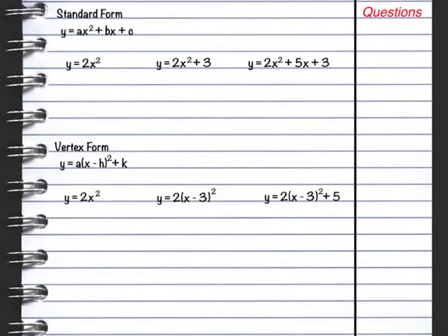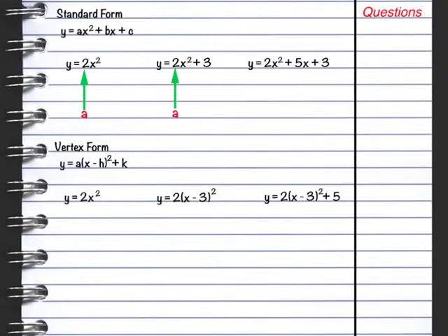So when looking at standard form or vertex form of an equation, it's important to be able to label the pieces that you're looking for. So we're going to start with standard form, and here we have y equals 2x squared. And the 2 is going to be known as your a value. It matches up with the a value in your standard form. And then here we have the 3.